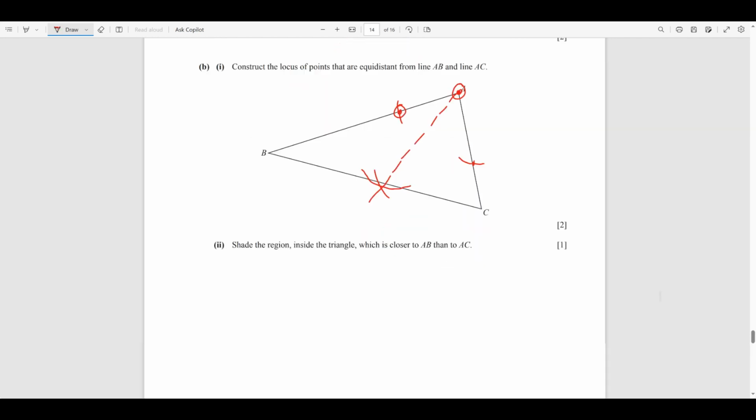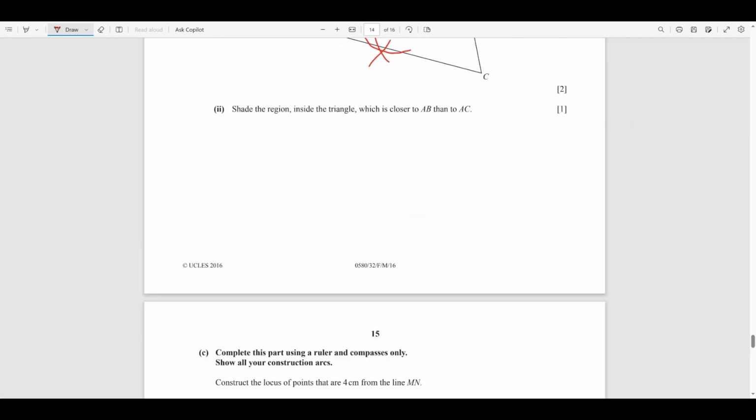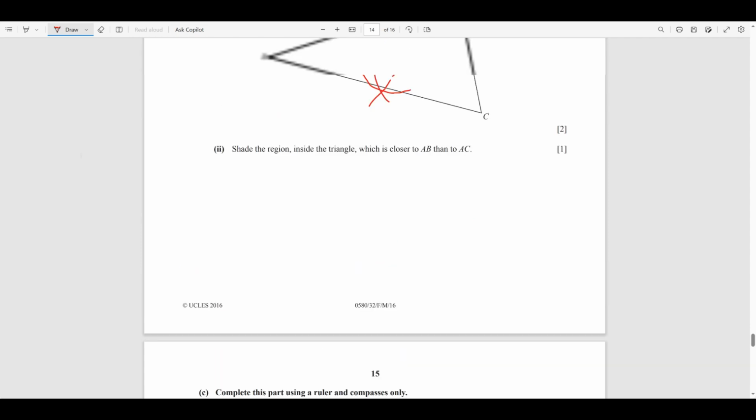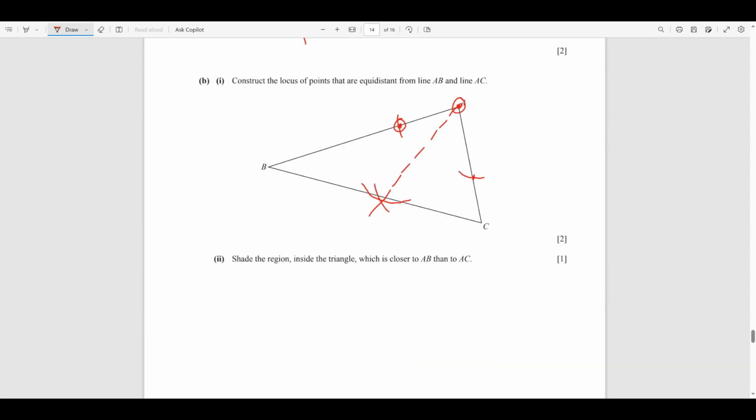Okay. Part 2, shade the region inside the triangle which is closer to AB than to AC. All right. Closer to AB is this section, and closer to AC is this section. So we are interested in shading the section which is closer to AB.